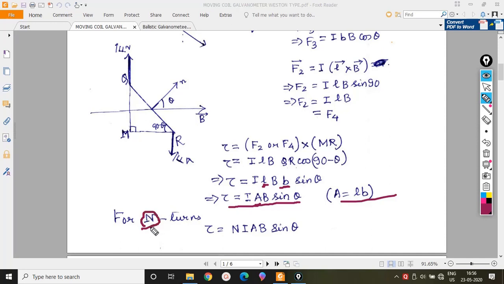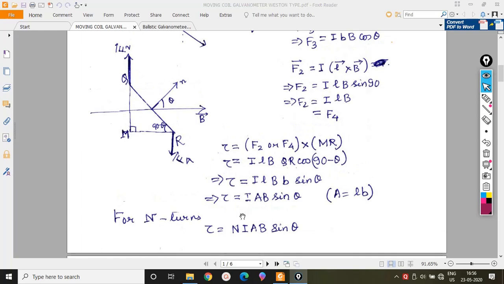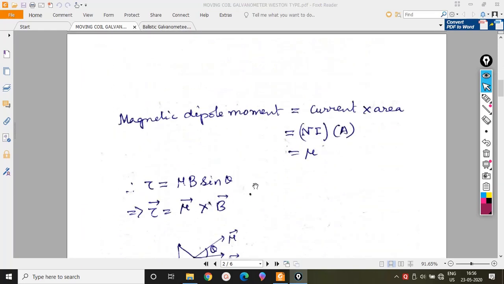Now suppose you have capital N number of turns in your loop. Then the torque will be additive, that is each loop will add to the torque, and net torque will be NIAB sine theta. So this is the expression for torque for N number of turns in the loop.